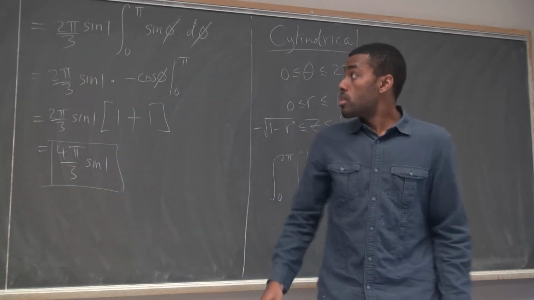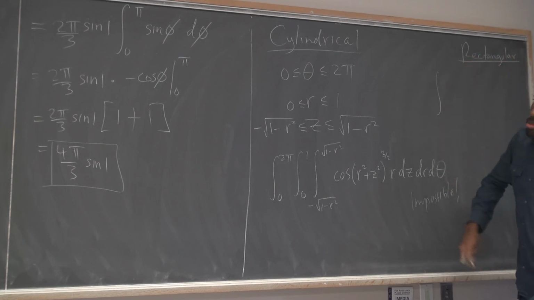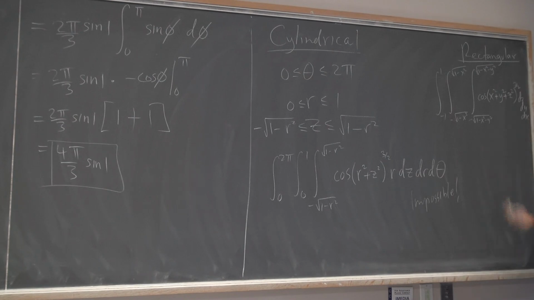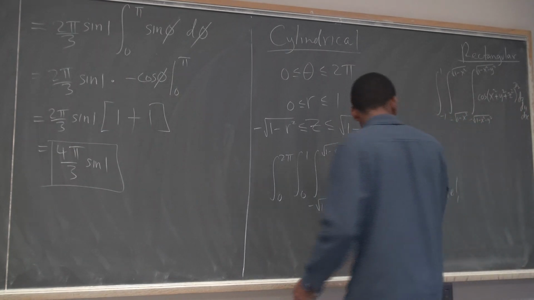If we're doing rectangular, it's impossible to do the integral, but the limits would look like minus 1 to 1, minus radical of 1 minus x squared up to radical of 1 minus x squared, minus radical of 1 minus x squared minus y squared up to radical of 1 minus x squared minus y squared, cosine of x squared plus y squared plus z squared to the three halves dz dy dx. But we couldn't even integrate this in the first place, so it wouldn't really matter.